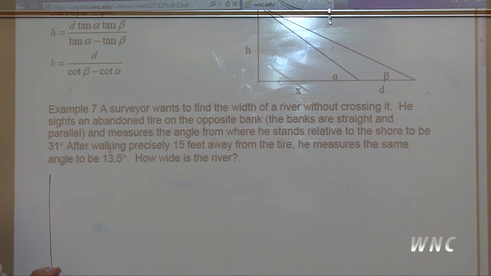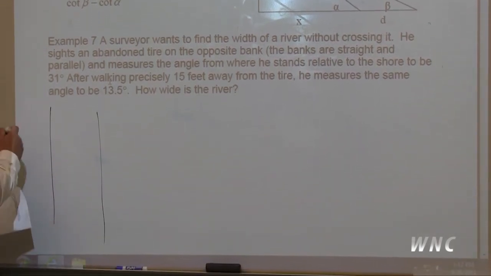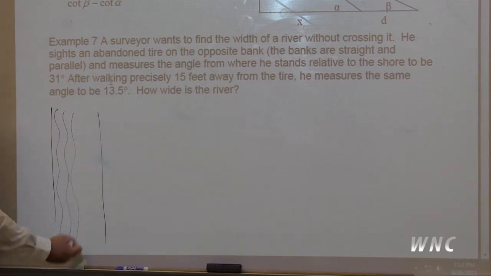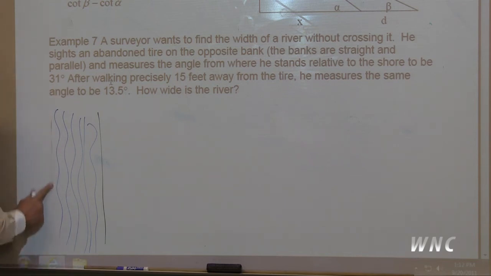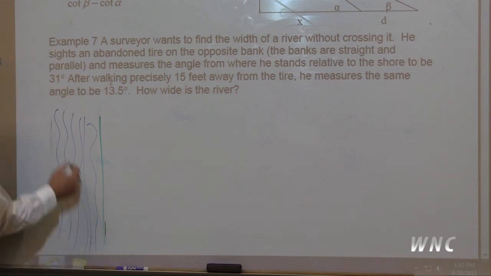So here are the banks of the river, and there's water flowing through it. On the opposite side, maybe I should have those banks in green, because of all the vegetation along the bank.